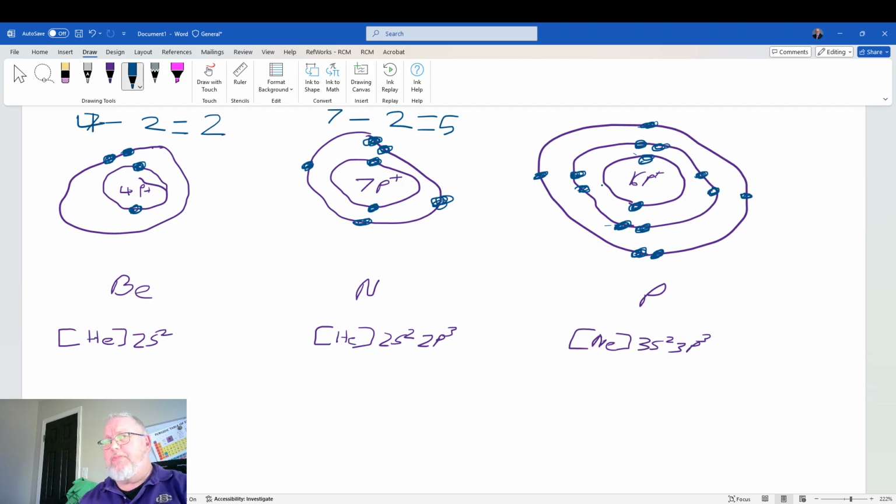I've got 16 positive. Go ahead and write that in there. 16. So how many inner electrons, not valence, do I have? Let's see. I've got 1, 2, 3, 4, 5, 6, 7, 8, 9, 10. So I've got 10 electrons that are going to shield that effect.